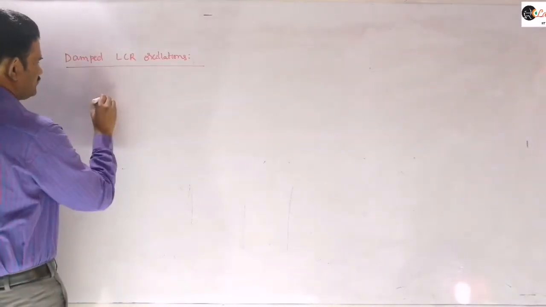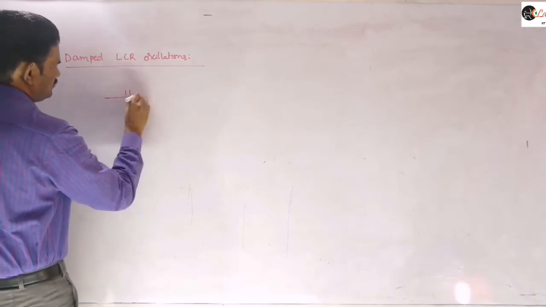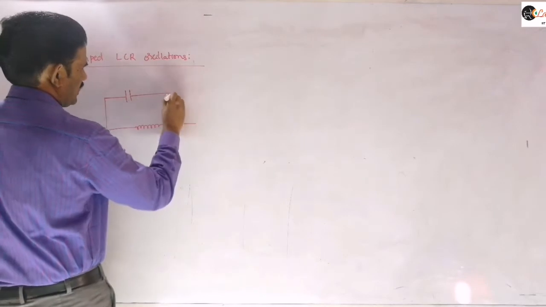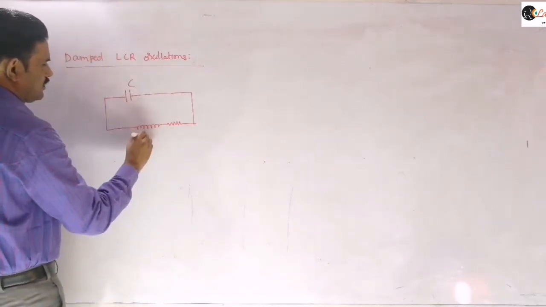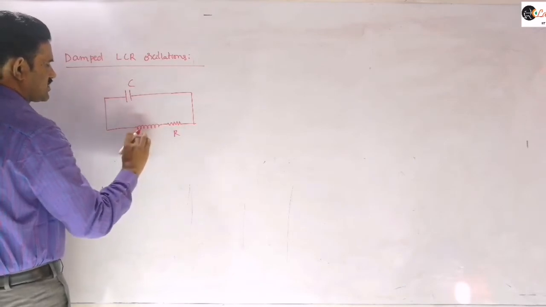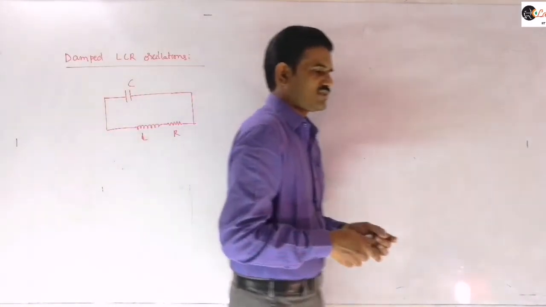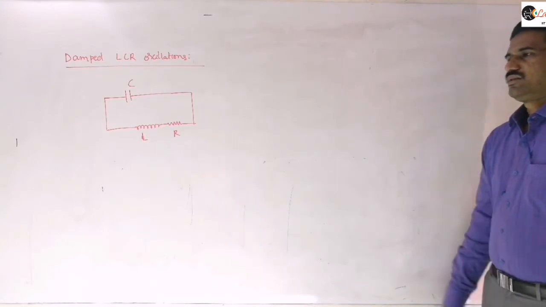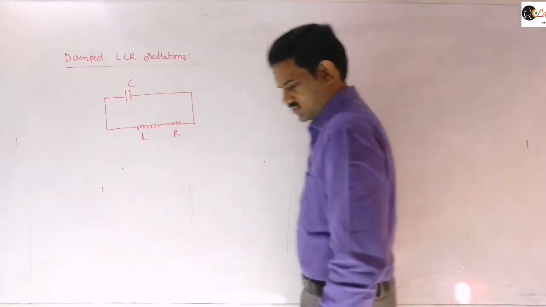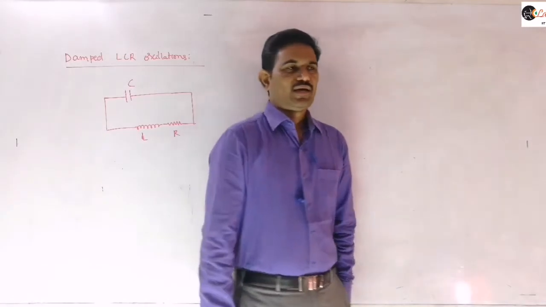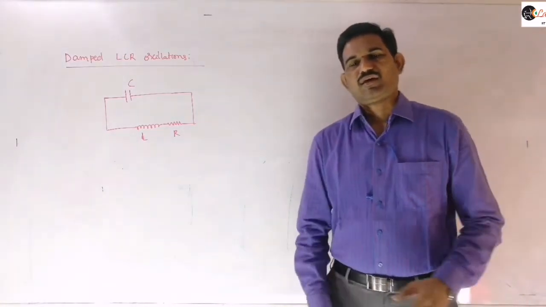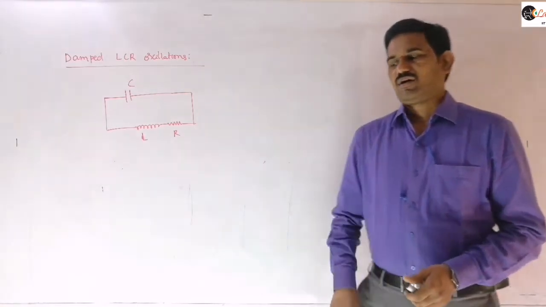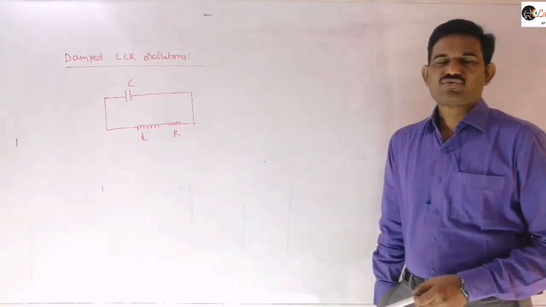You may just mention that in an LC circuit, if resistance is also present, then loss of energy takes place at the resistor in the form of heat energy, and so the energy of the system goes on decreasing continuously.